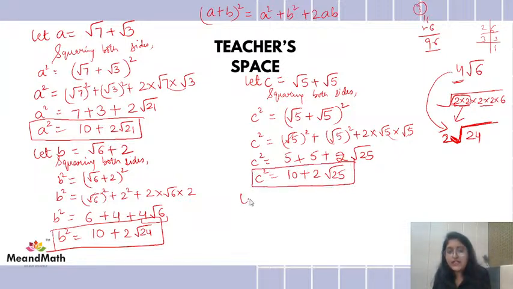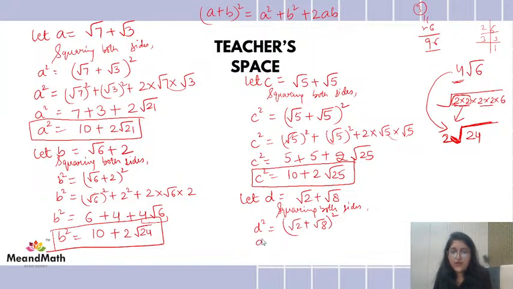Now we are only left with the D option. Let D be the option we got, root 2 plus root 8. Now squaring both sides. Again the same, similarly we are doing every question. Root 2 plus root 8 whole square. Again we are squaring this.